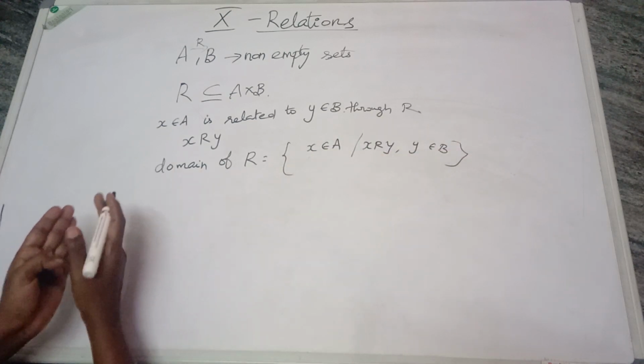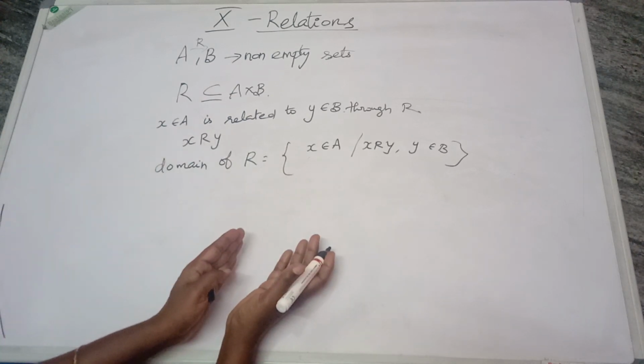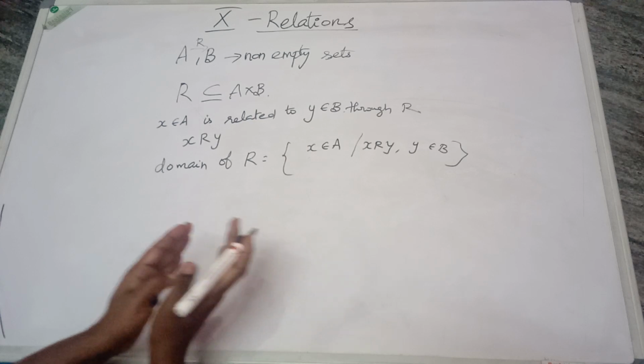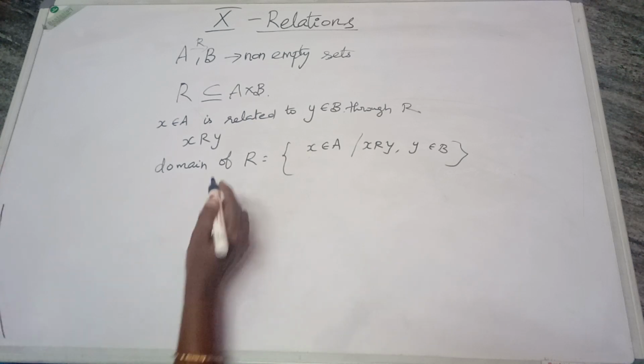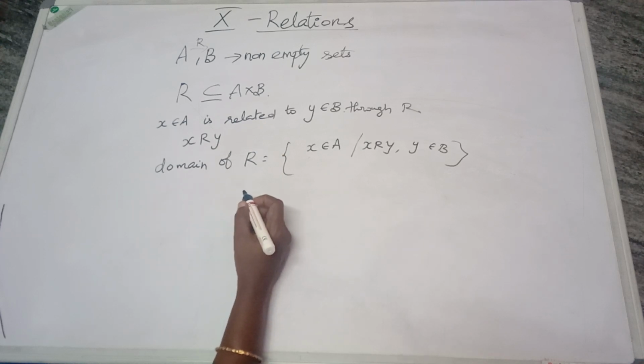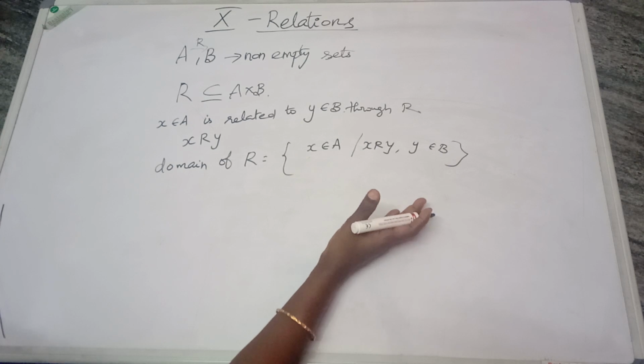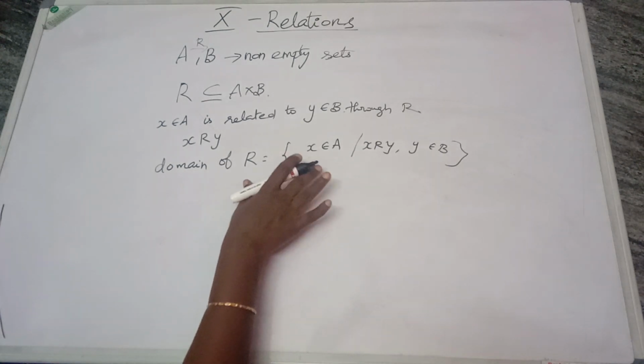The collection of elements from the first set related to elements of the second set is called the domain of R. If one or two elements are not related to any element in B, they will not come into the domain of R.